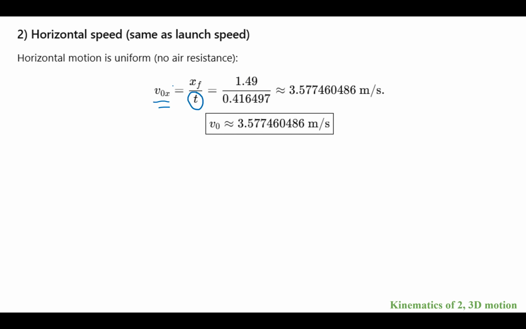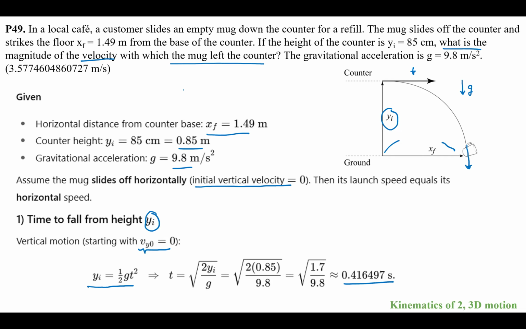So what we know is that along this x direction, there's no acceleration. Okay, so what's going to happen here is that xf is given by v0x times t. Okay, that's the thing.